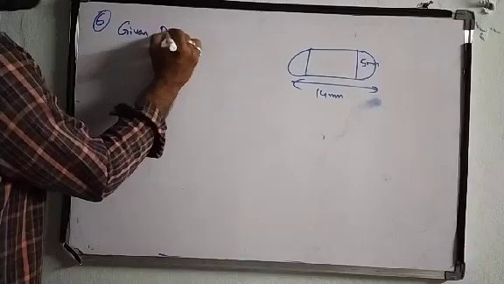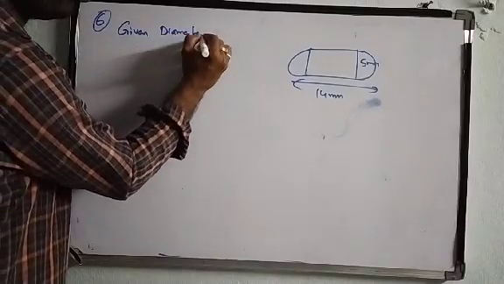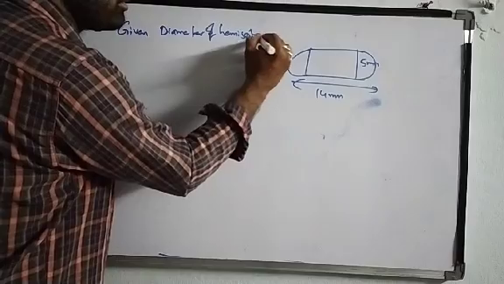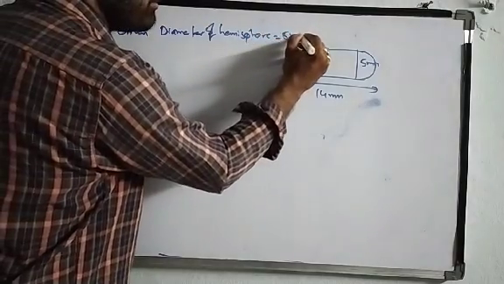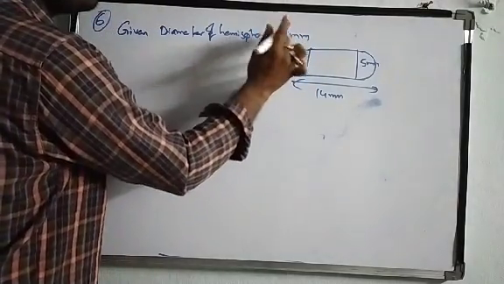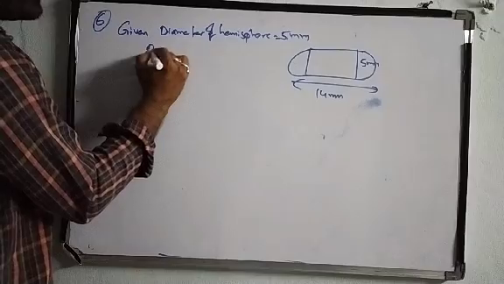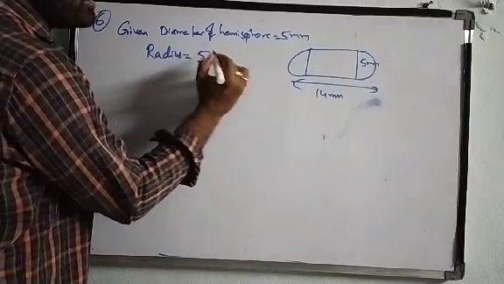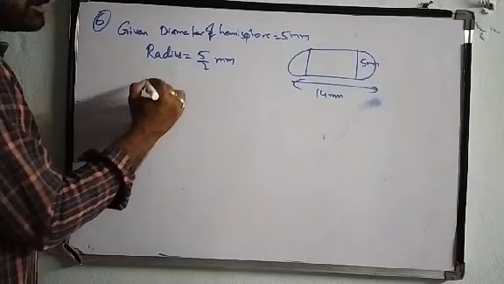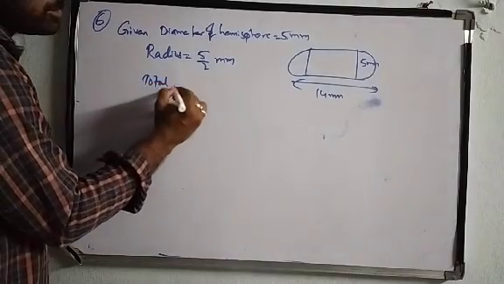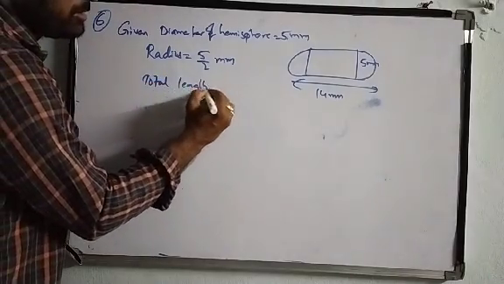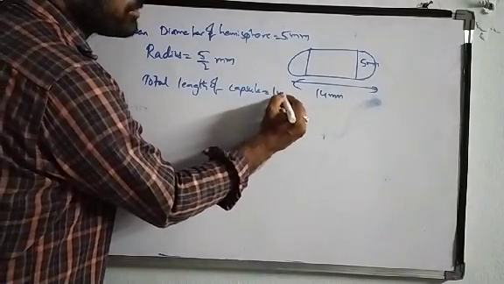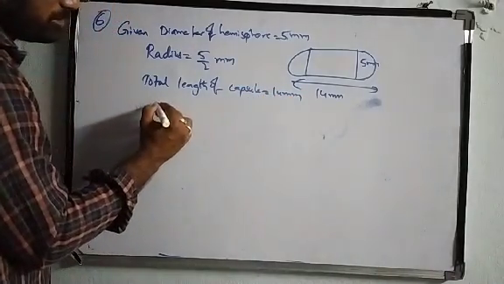Given the diameter of the hemisphere is 5 millimeters, so the radius, which is half, is 5 by 2 millimeters. The total length of the capsule is 14 millimeters.